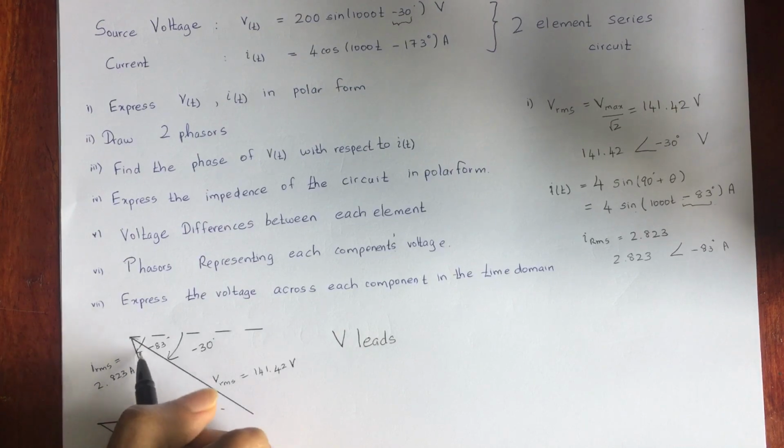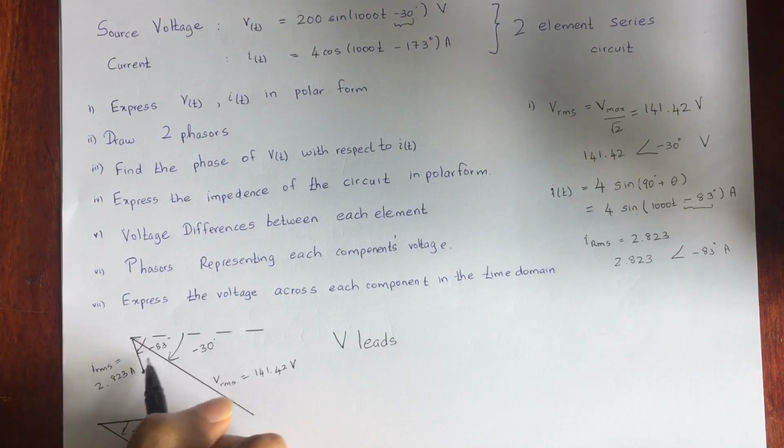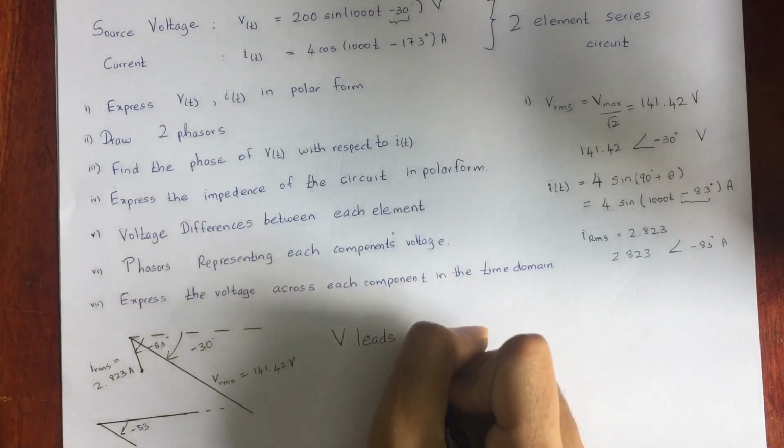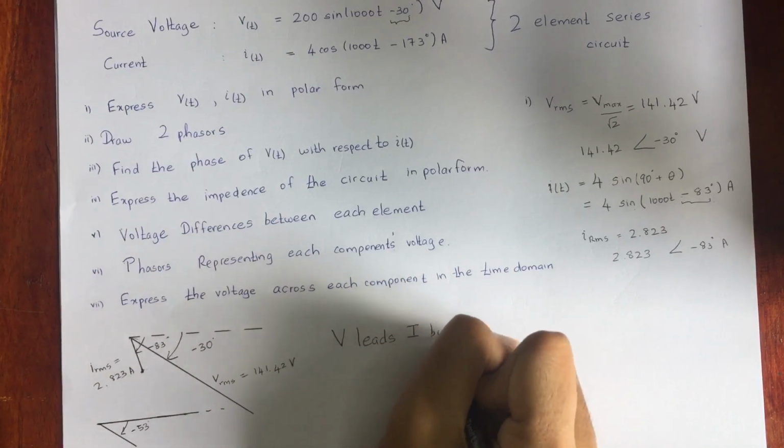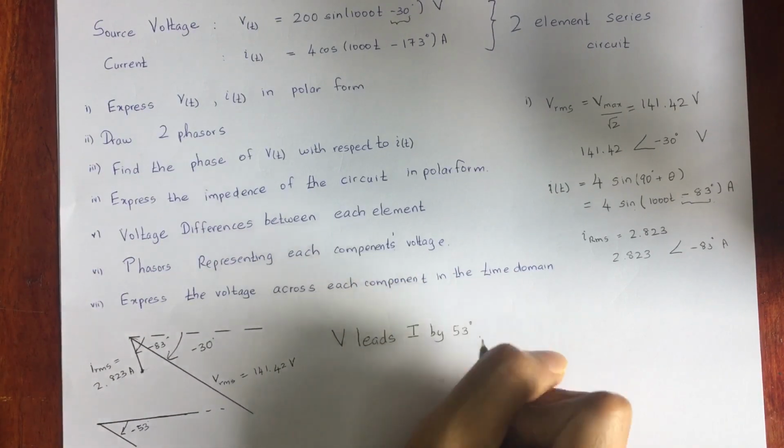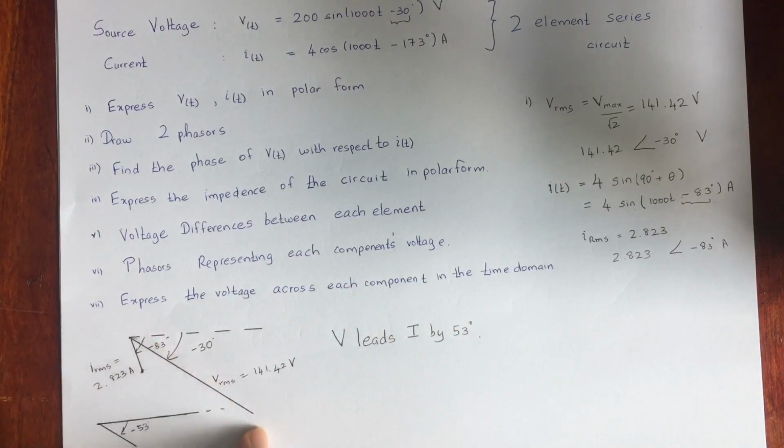If we consider this part, the voltage is leading this I current. So V leads I by an angle of 53. If they ask with respect to voltage, we can tell the I is going to be lagging by 53. In this question, they are asking about the voltage with respect to I, so V is going to lead this current. So that's the answer.